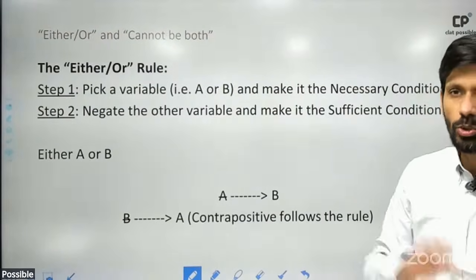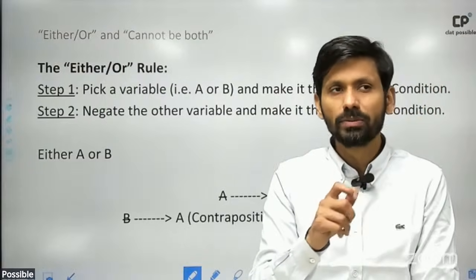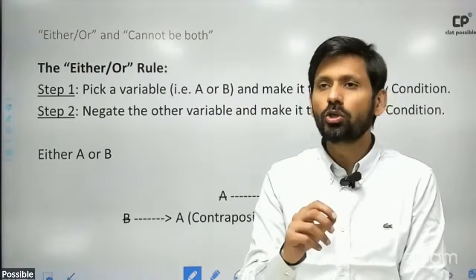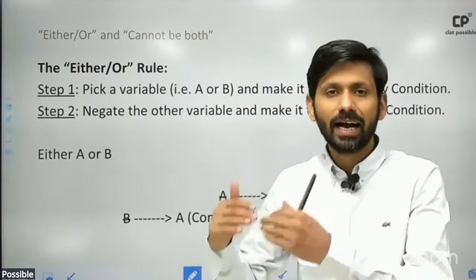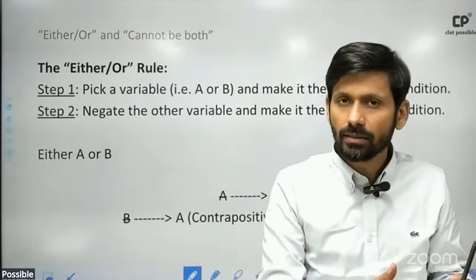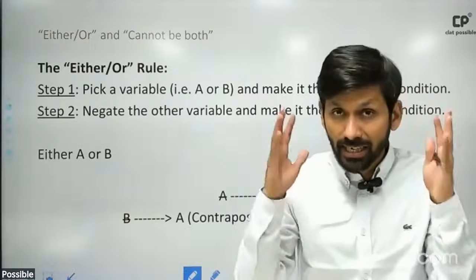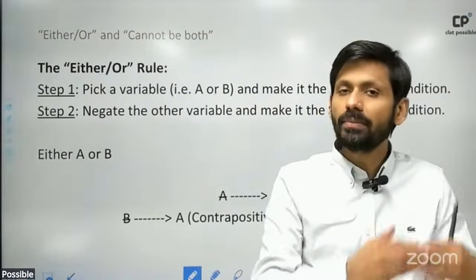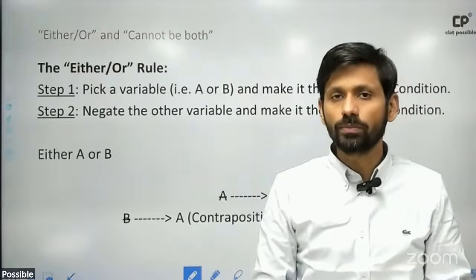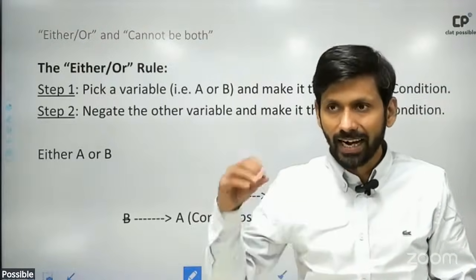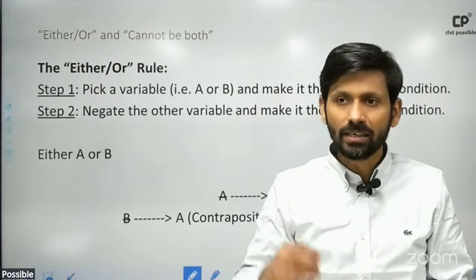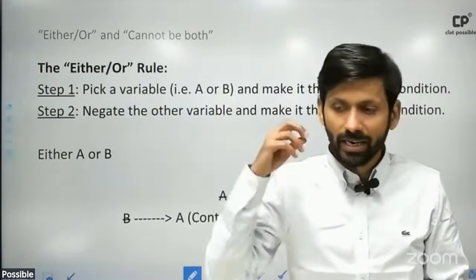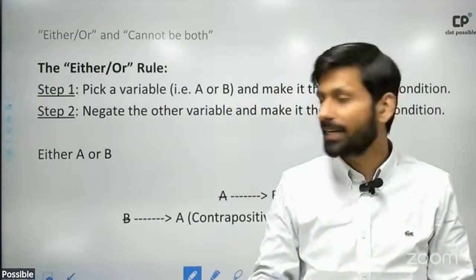When we convert either or into Hindi as "one of the two," it becomes confusing. Just understand either or like this: when I am saying either A or B, then what I am implying in the conditional world is one of them is definitely true. If I'm saying either tea or coffee, then I'll take at least one of them. One of them I'll definitely take, right?